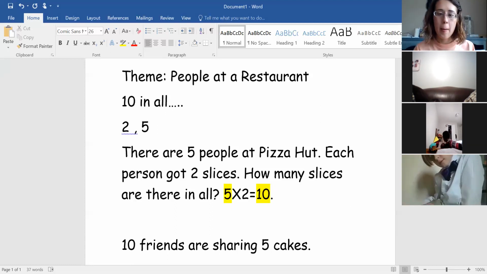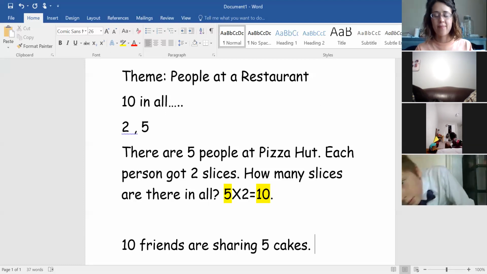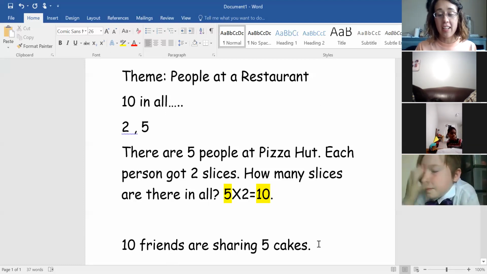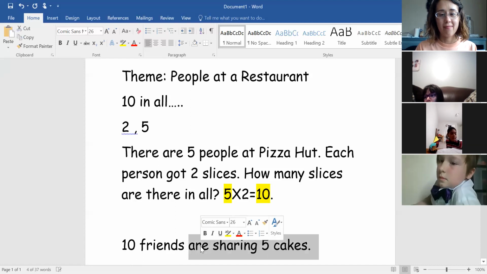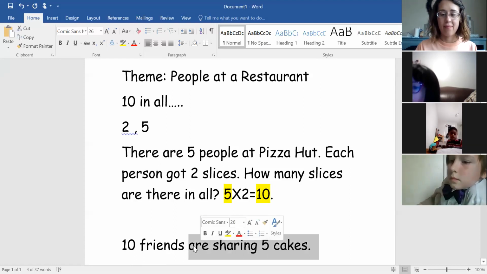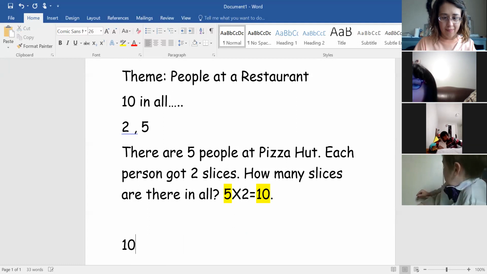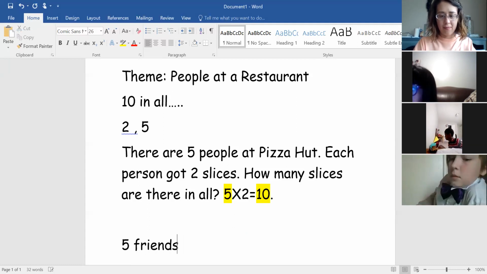If you started with 10 friends, you would always have to use fractions. Okay, so how would you like to start it? It would be easier if you were like 5 friends are sharing 10 cakes. How many cakes do they get?